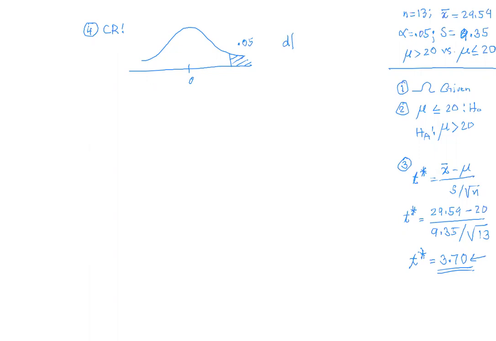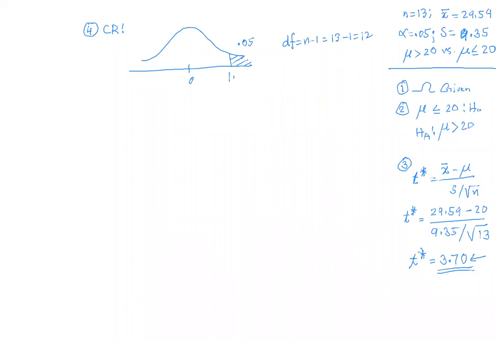And degrees of freedom is n minus 1, that is 13 minus 1, which is equal to 12. So if you look it up on the table, degrees of freedom 12, and area in one tail is 0.05, area in two tails is 0.10, it is going to be 1.782.